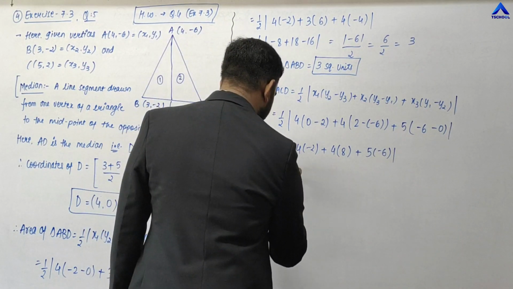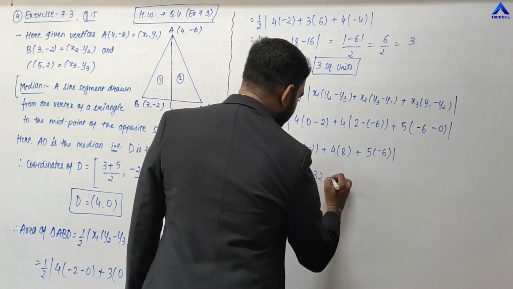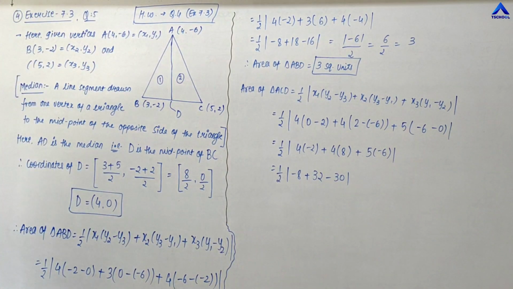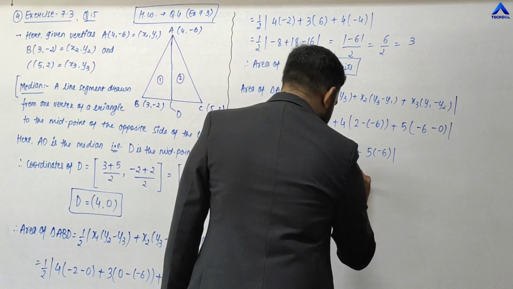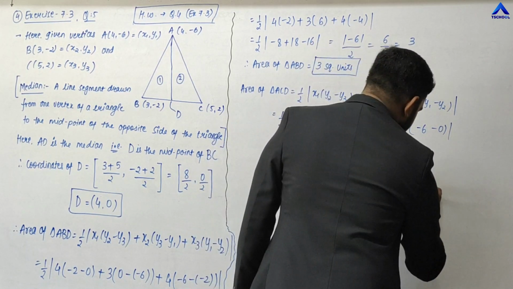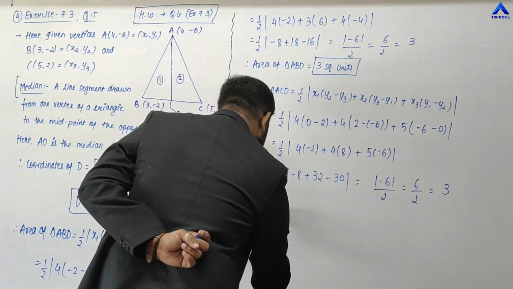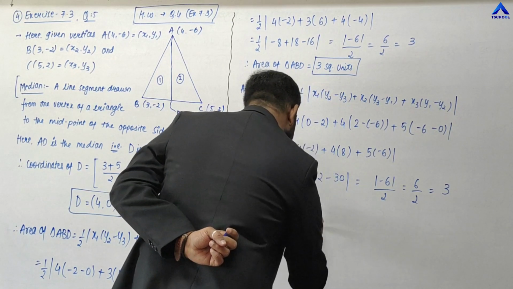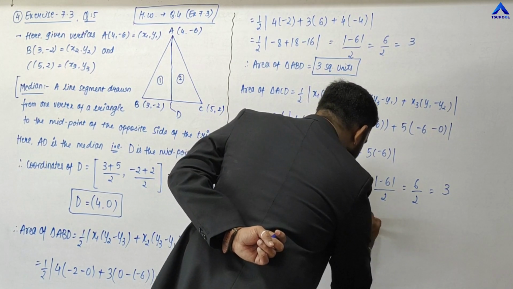Let us solve this. Half modulus minus 8 plus 32 minus 30. So minus 8 plus 32, that is 24, and 24 minus 30, that is again minus 6. So that is modulus of minus 6 by 2, which is equal to 6 by 2, which is equal to 3. Therefore, area of triangle ACD is equal to 3 square units.